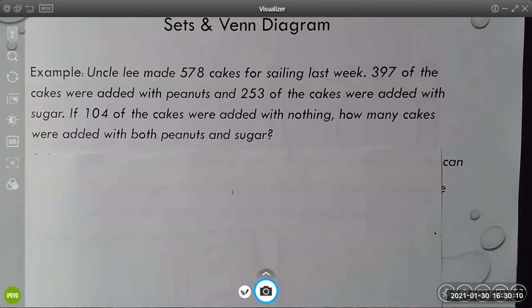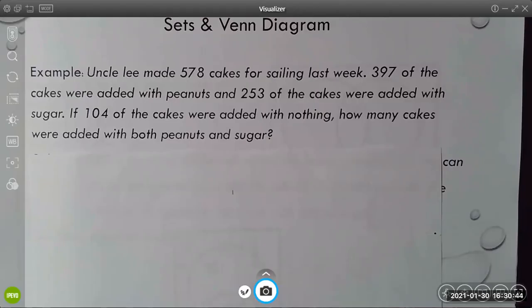What I mean is that whenever you have a survey problem, you need to determine how many circles you need inside the Venn diagram. In this case, with the additives, either sugar or peanuts, we separate the 578 cakes into different groups. Some cakes have just one, either peanut or sugar. That's two subgroups, right?